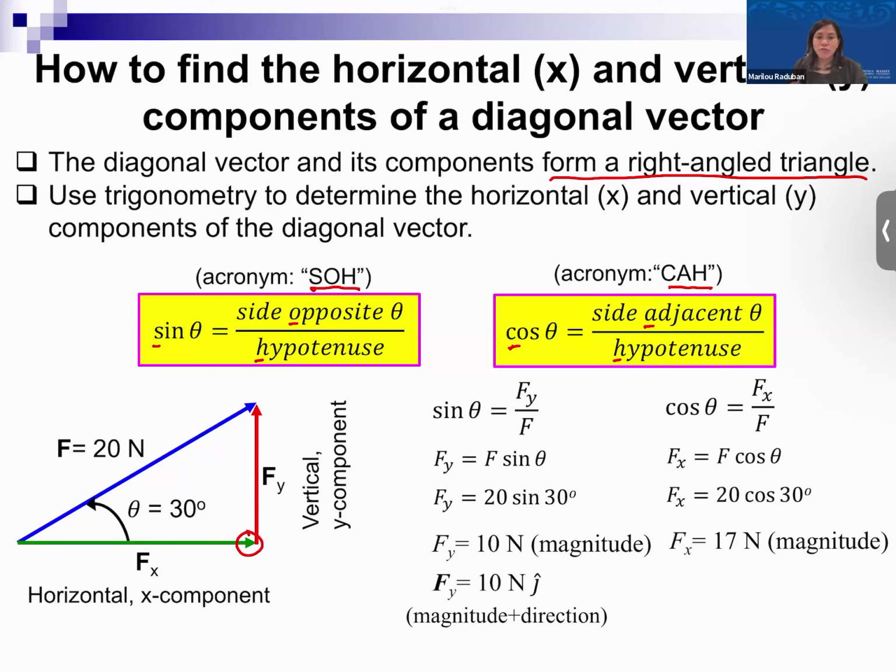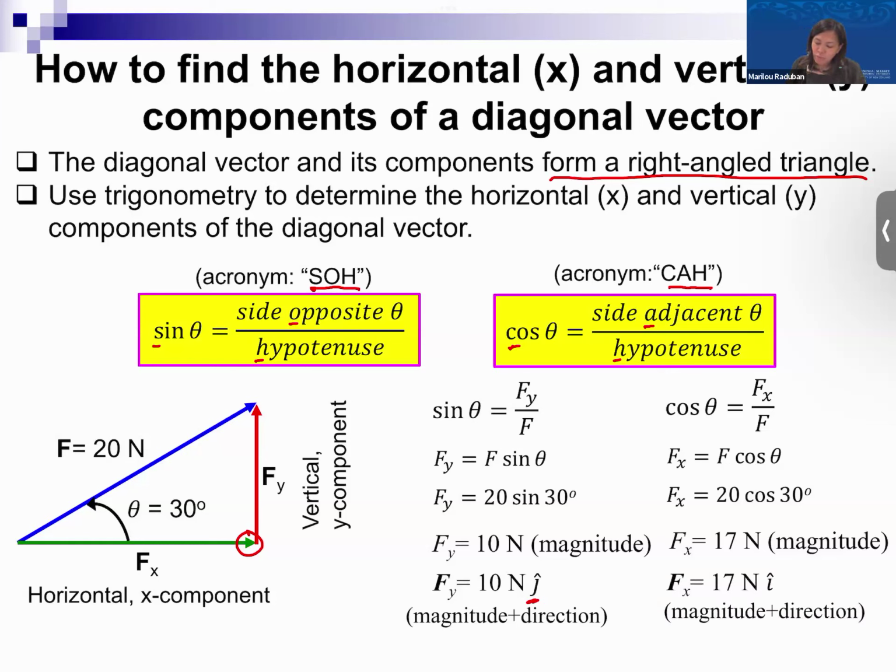Right. So if we now put the direction together with the magnitude, the y component will be positive 10 newtons in the upward direction or plus y direction. We indicate the plus y direction using this j hat vector, and I'll talk about the j hat vector in a bit.